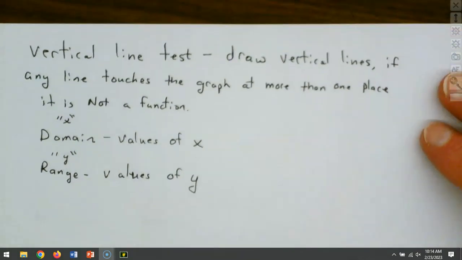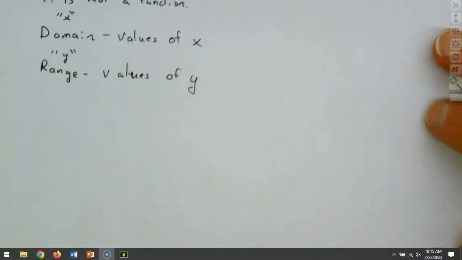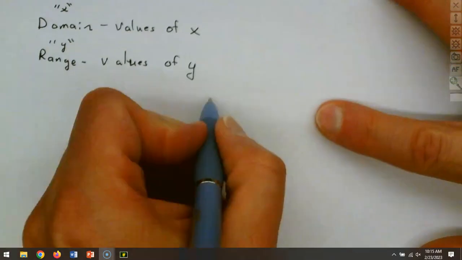We are not doing any calculations at all. This is nothing but looking at pictures. So I'm going to give you some pictures, and we are going to determine if it's a function or not. Okay, so that'll be a yes or no question. And then we're also going to get the domain and the range. And so it's very easy. I think it's one of the easiest concepts once you see how it all goes together. So domain is values of x, range is values of y, and we're going to be looking at graphs.